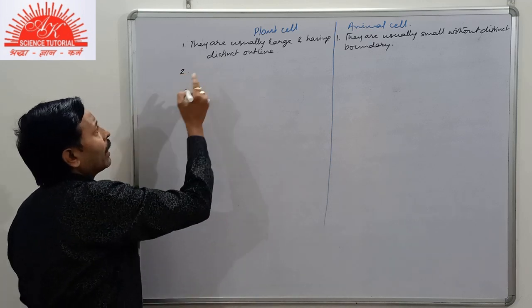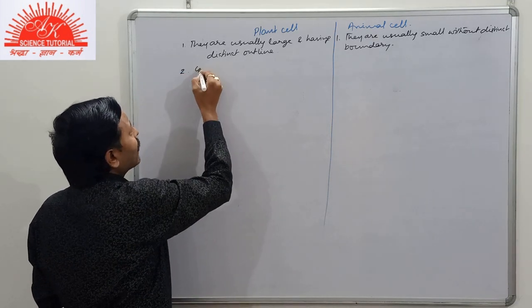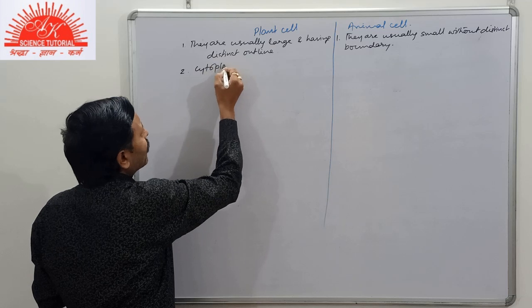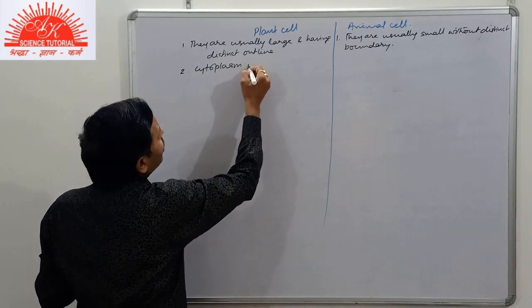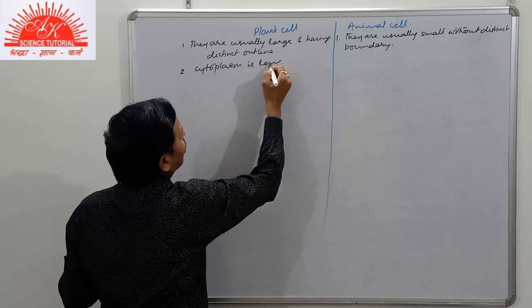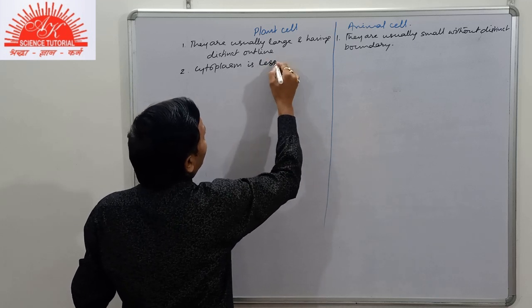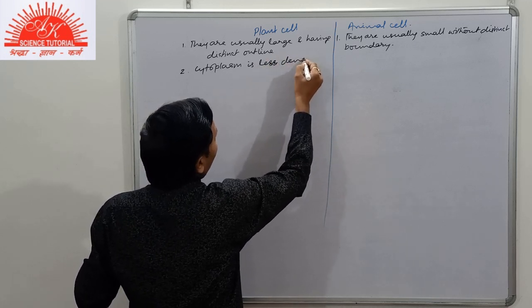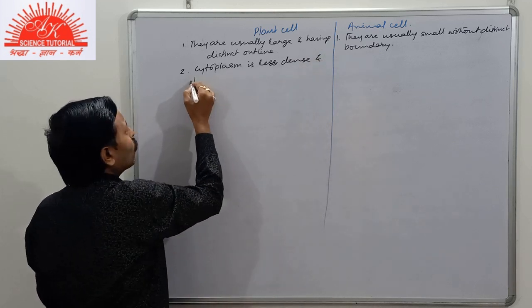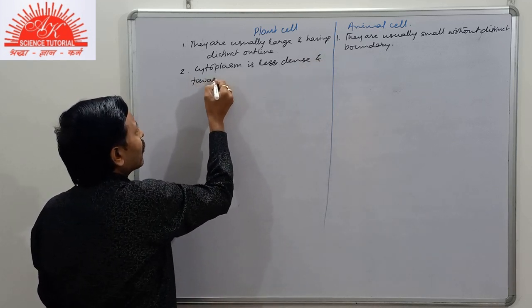Second point, in case of plant cell, cytoplasm is less dense and towards the periphery.